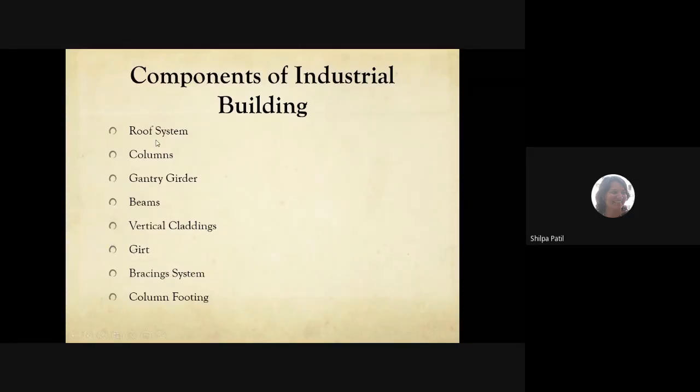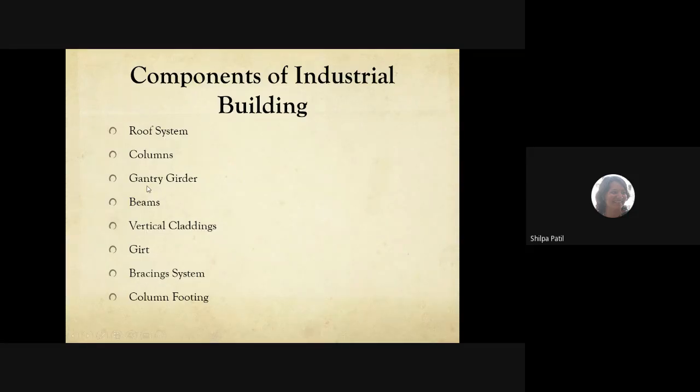It consists of a roof system, columns, gantry girder, beams, vertical claddings, girt, bracing system, and column footing. So the entire industrial shed is actually resting on columns. The columns are resting on footing, and these columns support the entire roofing system. Now the roofing system again has different components.